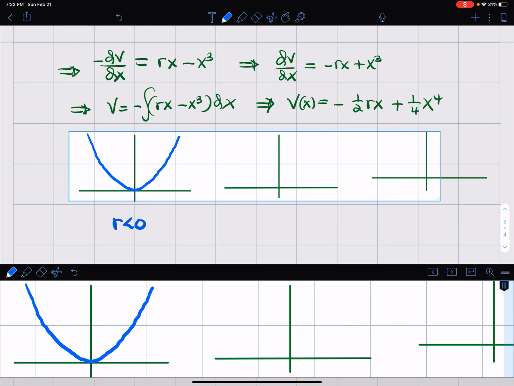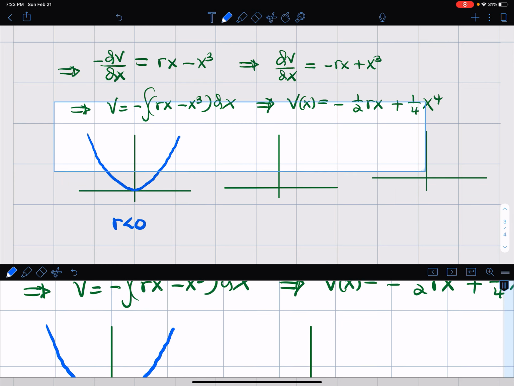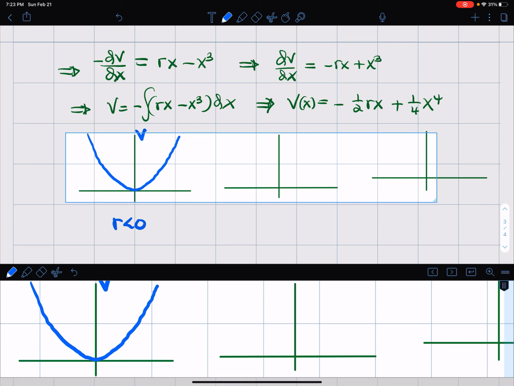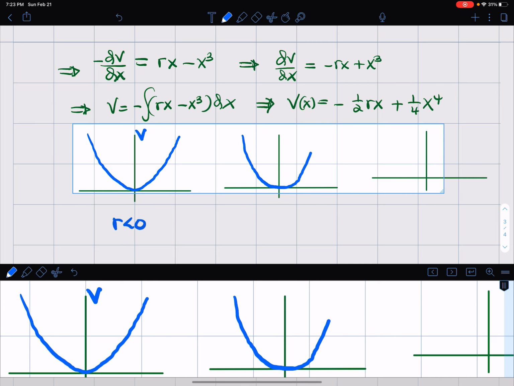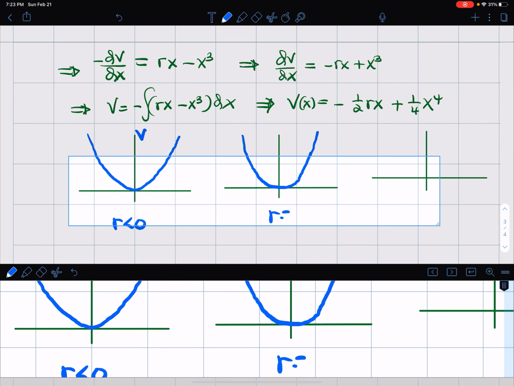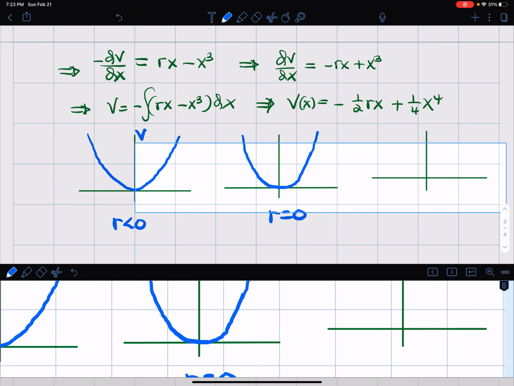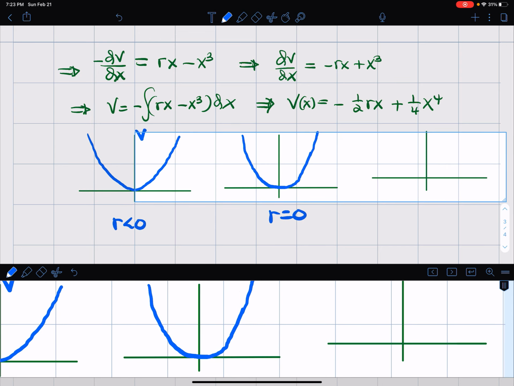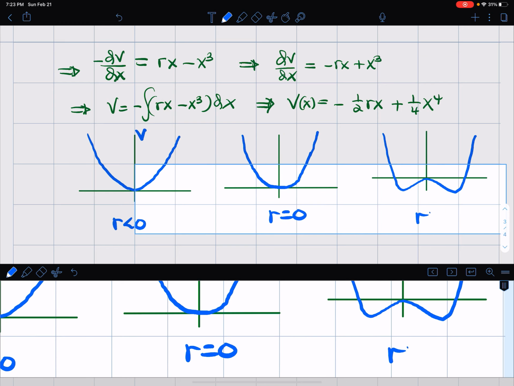For r equal to 0, if you sketch the function V, it starts becoming a little bit flatter than when r is less than 0. So this is r equal to 0. And then for r greater than 0, you have something like that.